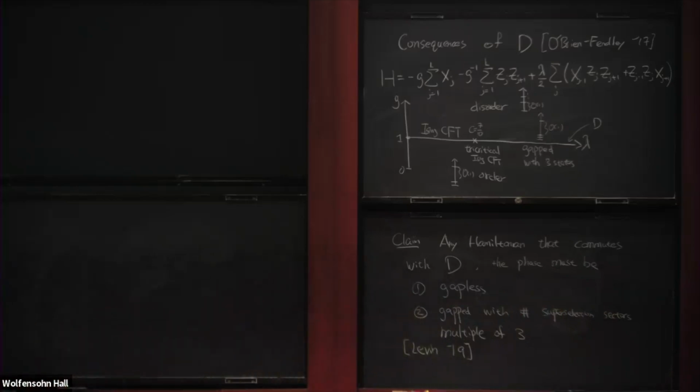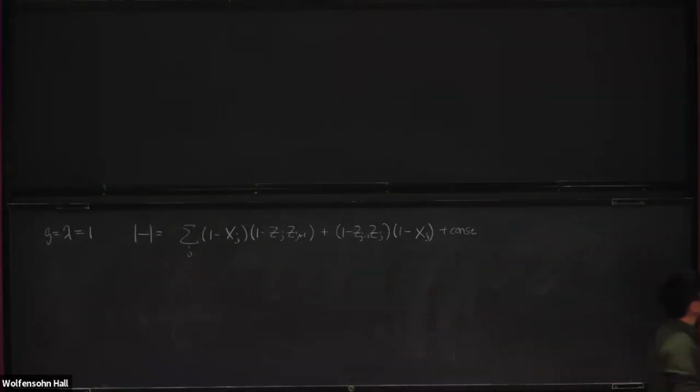So one particularly nice thing about this model is that let's take g and lambda both to be 1. Now you can show that this Hamiltonian takes this simple form. It's intuitively clear.